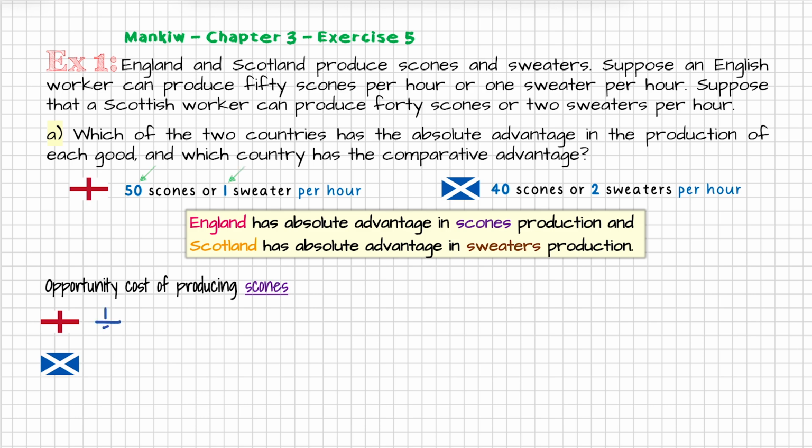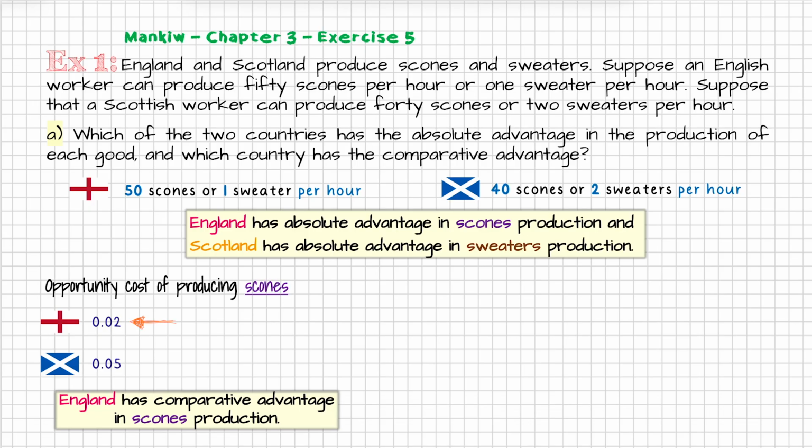So 1 divided by 50, 0.02. In Scotland, to produce 40 scones, you have to give up 2 sweaters. So 2 divided by 40, which gives an opportunity cost of 0.05. So which country has the lower opportunity cost of producing scones? England. Then England has comparative advantage in scones production.